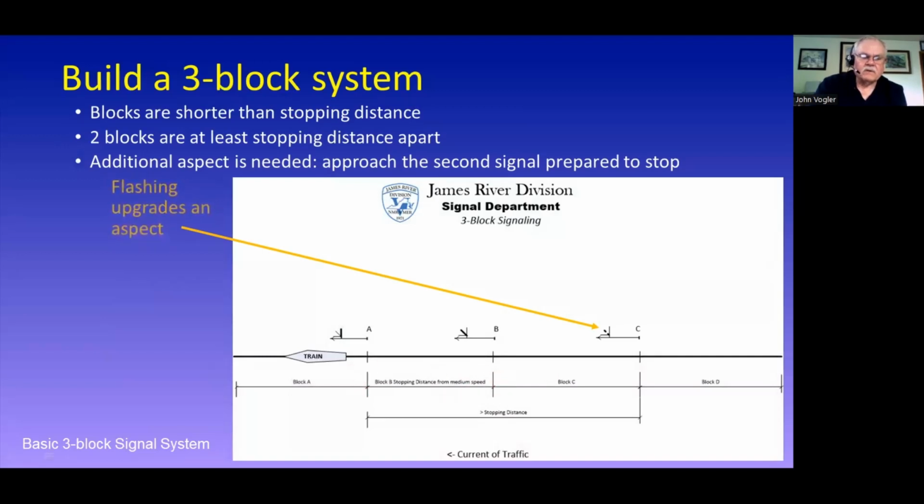So when the train arrives at C and gets the indication to approach the next signal at medium speed, at the next signal at B, he gets the indication to approach the next signal prepared to stop. He's got the time and distance to do that. And then on the outer signal, you can see on block D that it's displaying a clear because there's no hazard ahead. So there's your 3-block system, which adds just a little complexity.